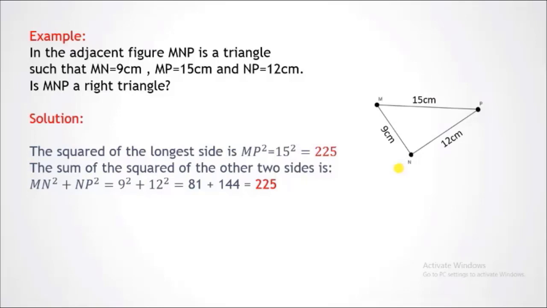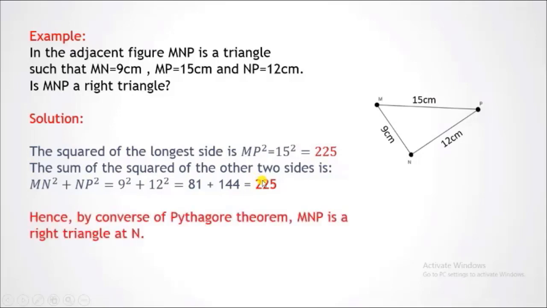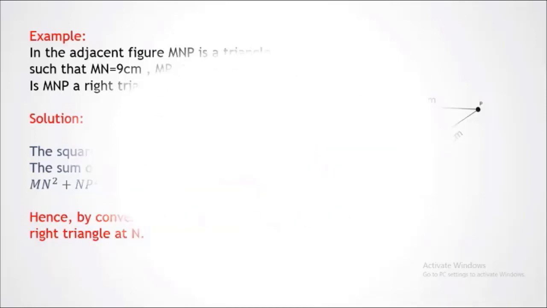Okay, what do you notice? We notice that MP squared is equal to MN squared plus NP squared. So, by converse of Pythagoras theorem, MNP is a right triangle at M.